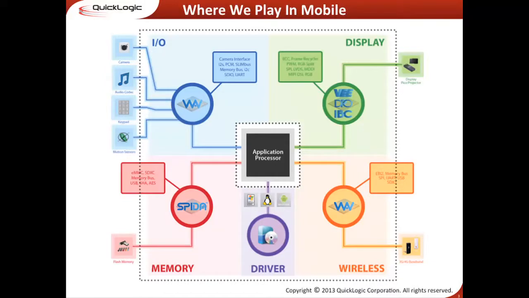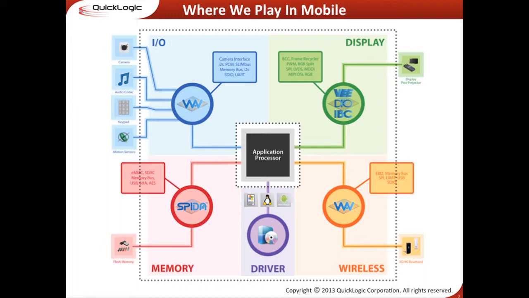We also have products geared towards the display subsystem, connecting the application processor to the various displays or light engines in mobile devices. Finally, we enable multiple radios to connect to the application or baseband processor.